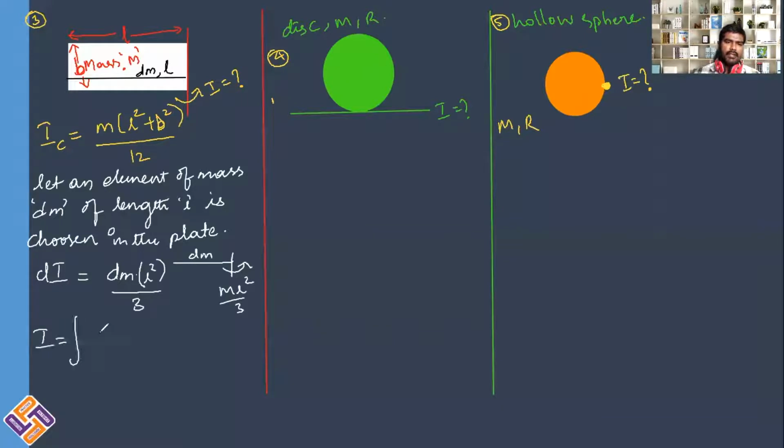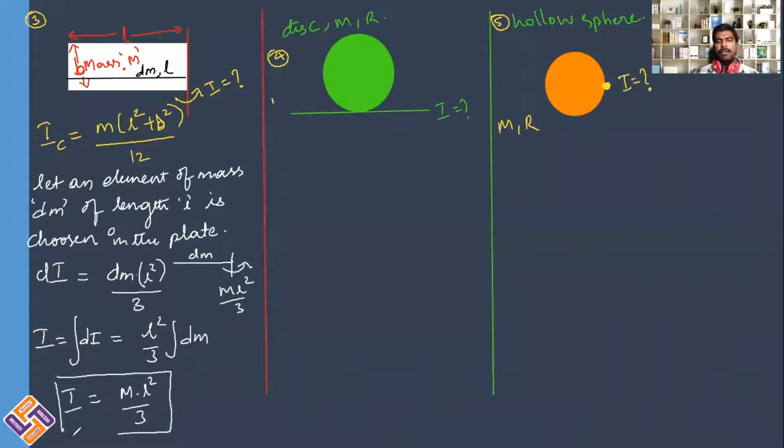I is equal to the integral of dI, which is equal to L square divided by 3 into the integral of dm. Therefore, the moment of inertia I will be equal to capital M L square divided by 3. This is the way you can calculate the moment of inertia with respect to this axis. Simply take one element, first find dI, and after that integrate it so that you get the net moment of inertia.